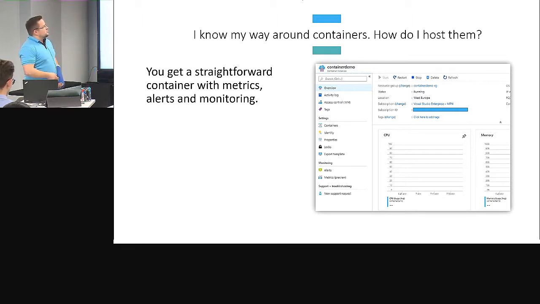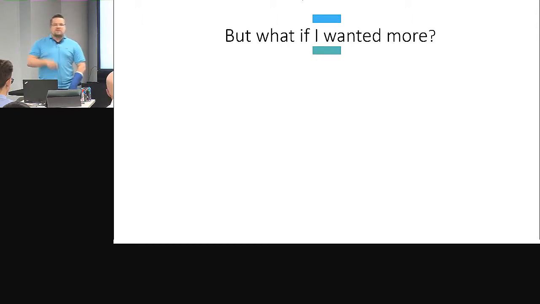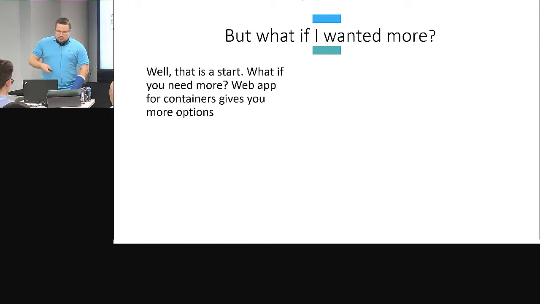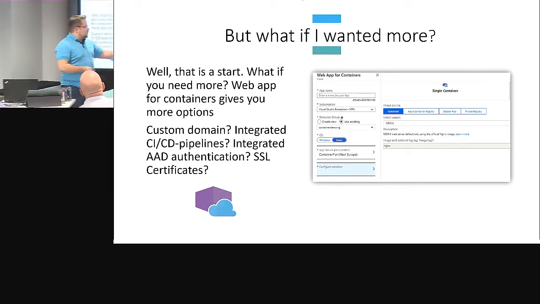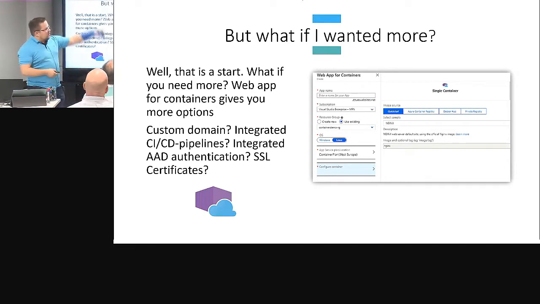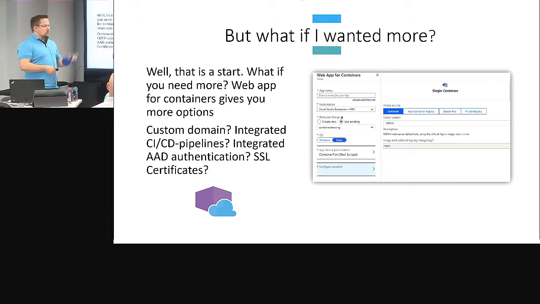The second option, what if you wanted more? What if that was not enough? So the second one I was talking about is the web application. It's using the app services to run your containers. So this is how it looks when you go create a new app service. You select a Linux container option, and as you can see, I cropped out other options, but there were also the options to use Docker Compose, and I believe it was AKS that was also in that same view.